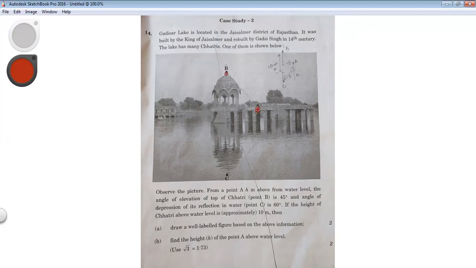This is A, and this is the water level. So this is h. It says from a point A, h meters above the water level, the angle of elevation of the top of the chhatri, that's point B. If I draw a dotted line parallel, this is 45 degrees.